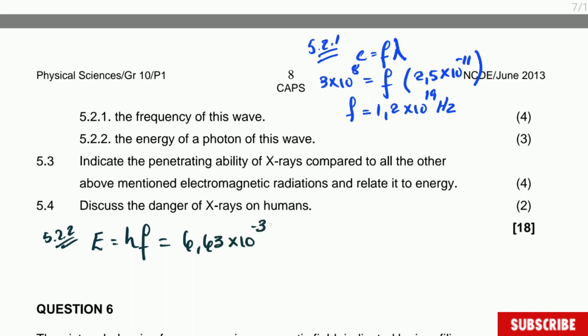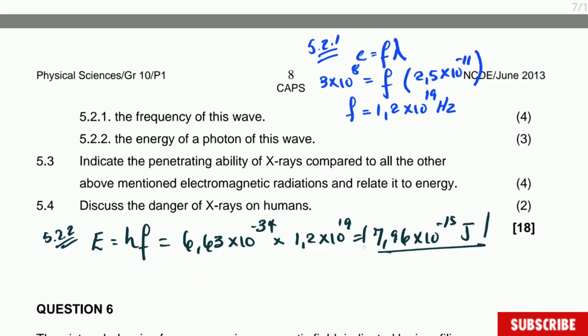That is the value of h, guys. It is given to you, everything multiplied by the frequency, which was calculated, 1,2 times 10 to the 19. When you do that, you get that the answer for the energy is 7,96 times 10 to the minus 15 joules. This one is the answer for that question.